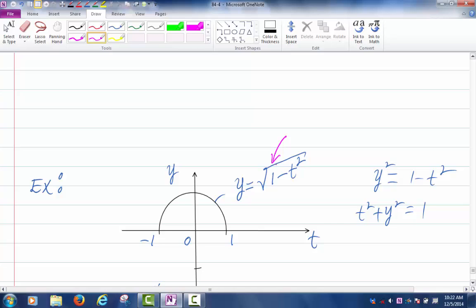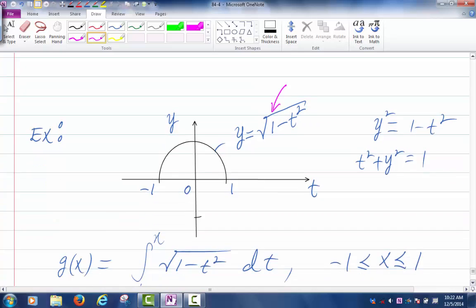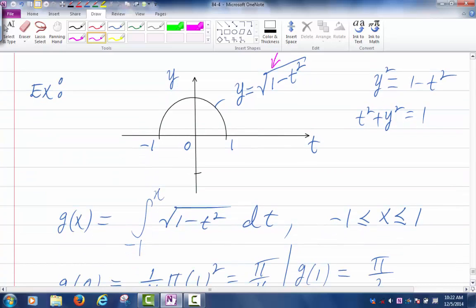So what am I doing? I am integrating. So what is g of x? I am integrating from -1 up to x, right? So here is -1. Let's say x is right here. Then what is the value of g of x?